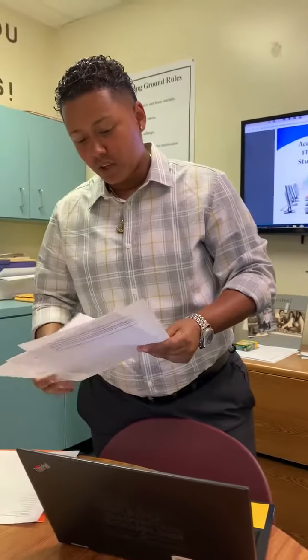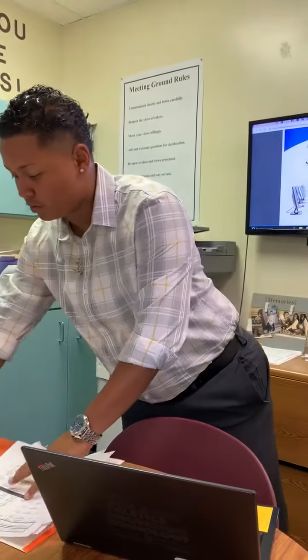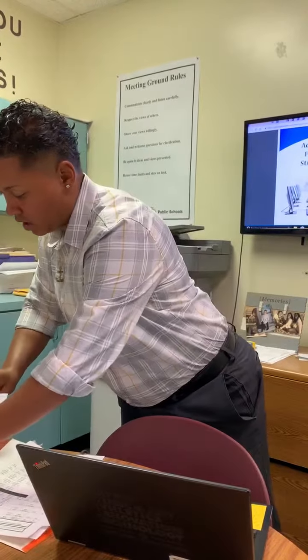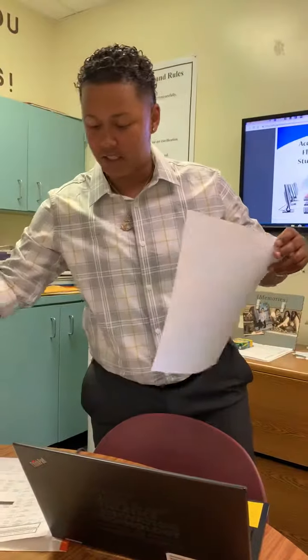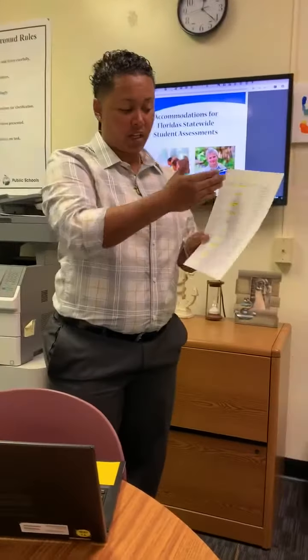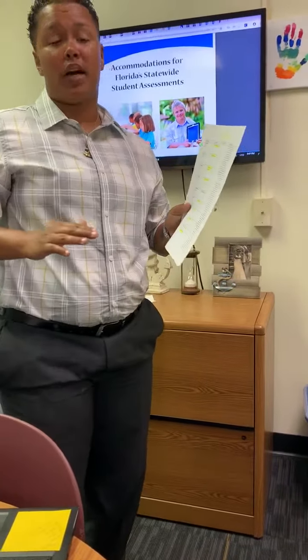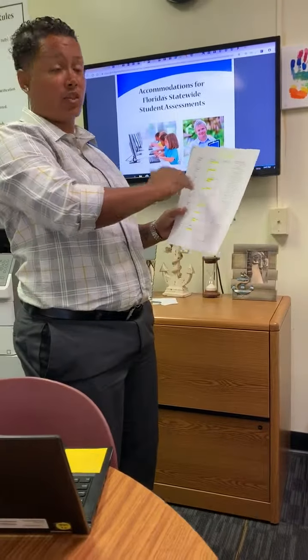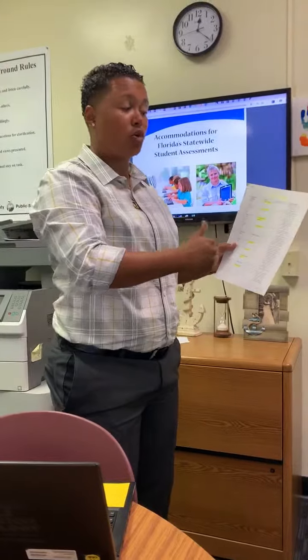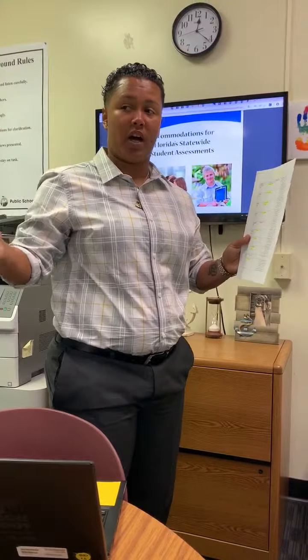Also, something else I have provided for you in this folder is this. It breaks down all your students. I've highlighted all your students, and I've also provided the accommodations on the side, so you have it on hand and know exactly what you can and cannot provide.